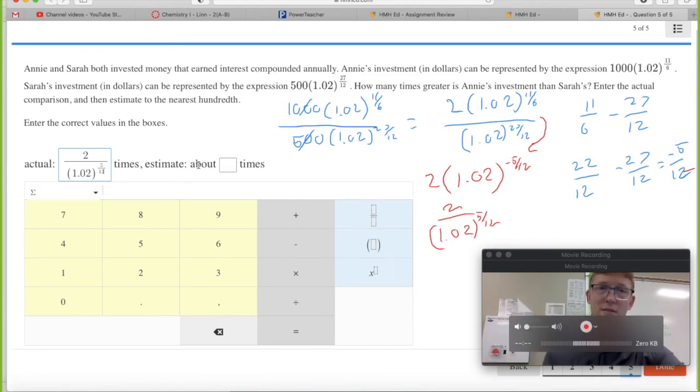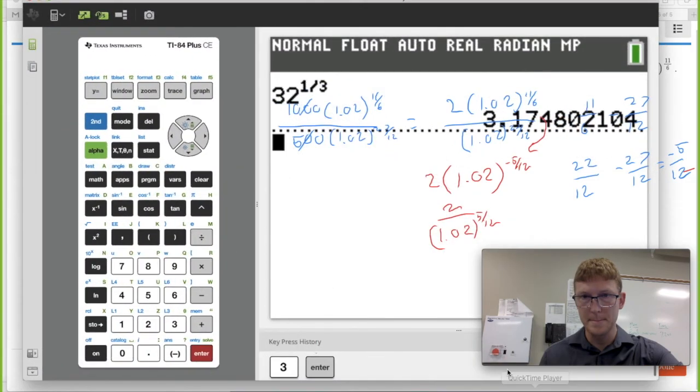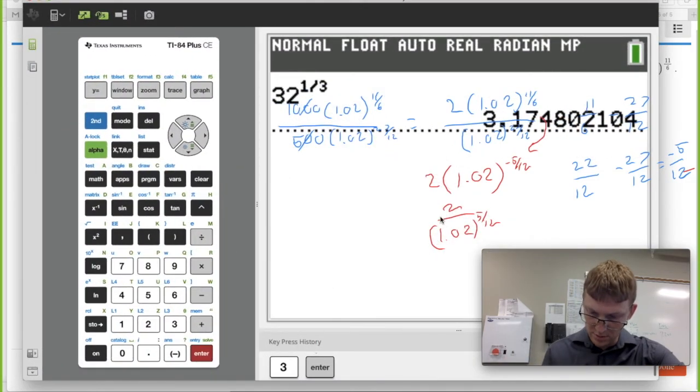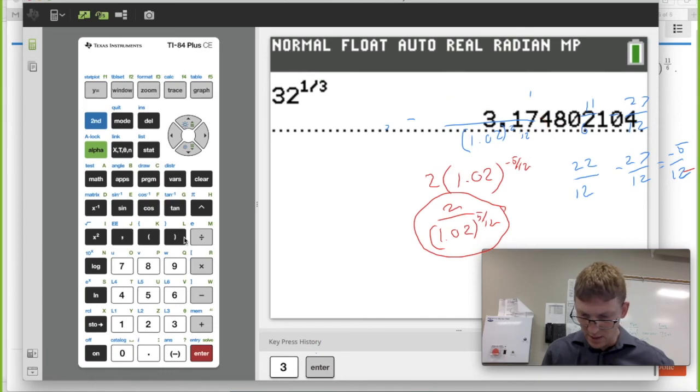So the estimated, we're going to plug that into a calculator, right? Where did my calculator go? There you are. So this is the only thing that we are plugging in. And again, make sure you use parentheses to make sure that your calculator is doing exactly what you want it to do.